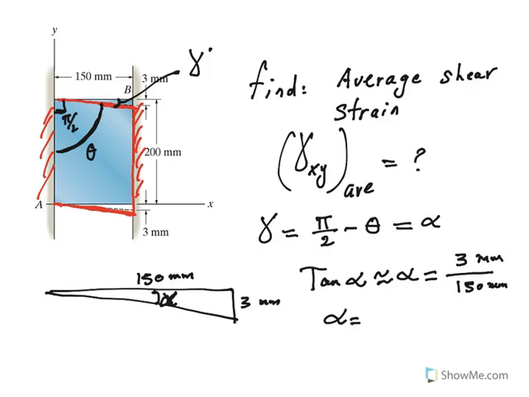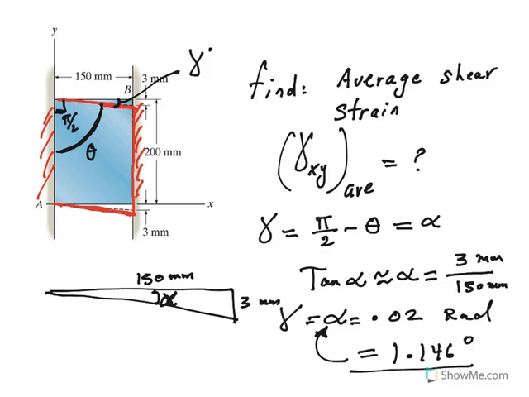So what is 3 over 150? It becomes 1 divided by 50, which is 0.02 radians. Now, 0.02 radians is about 1 degree, but you can't leave the answer in degrees, okay? It has to be converted to radians. So that's gamma, by the way. So gamma in this case is 0.02 radians.